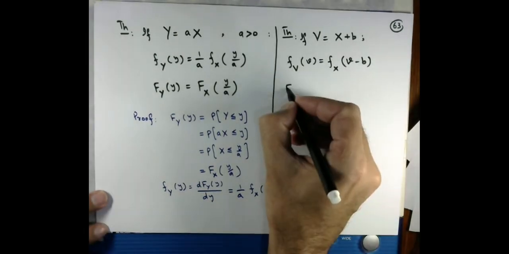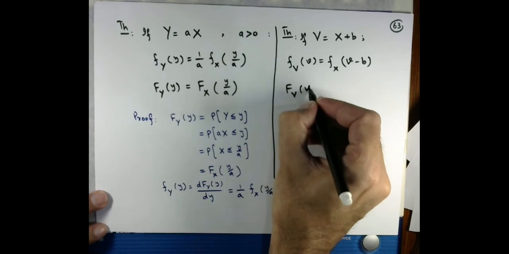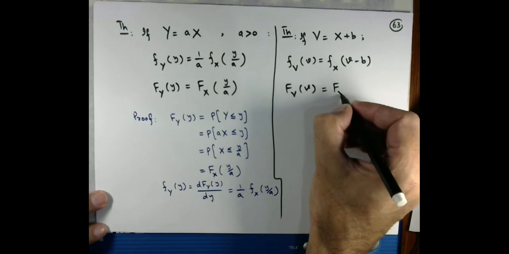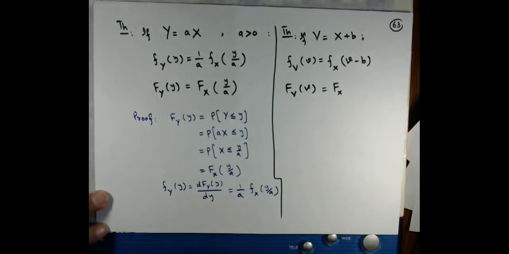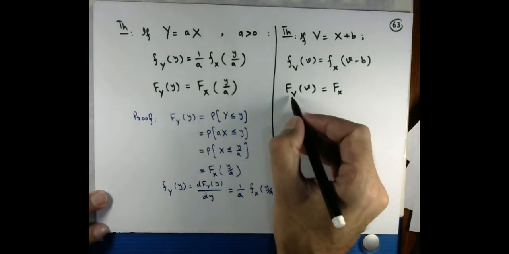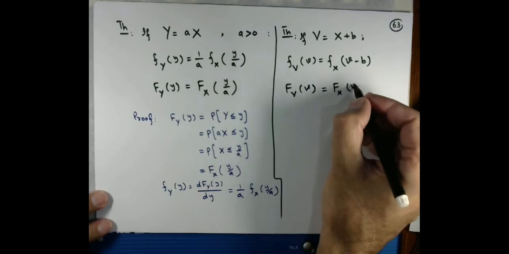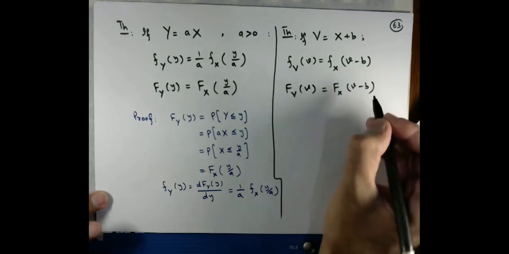And the CDF of the derived random variable v can be obtained from the CDF of the parent random variable by replacing x with v minus b.